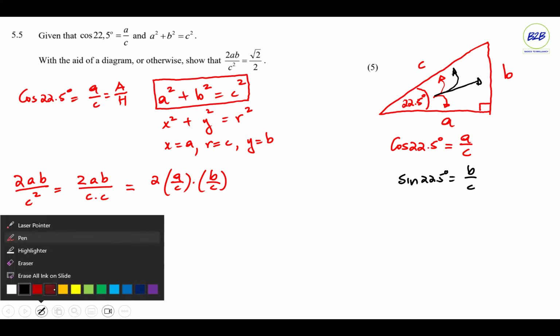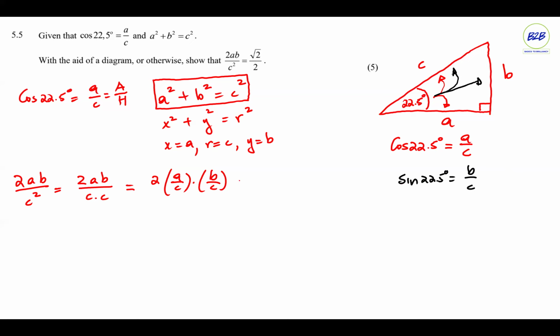So back to what we have here. We have actually 2 in the place of A over C, we can substitute by cos of 22,5 degrees. And in the place of B over C, we can substitute by sine 22,5 degrees.